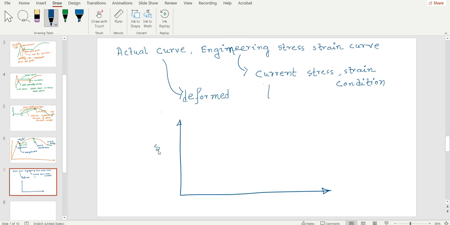Suppose this is the stress-strain curve.